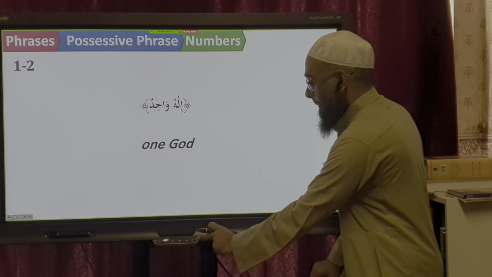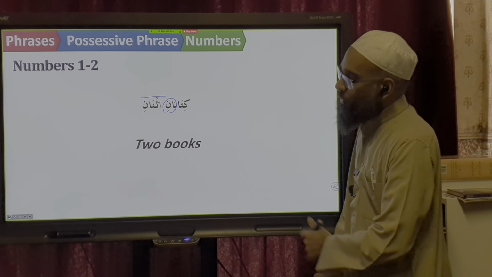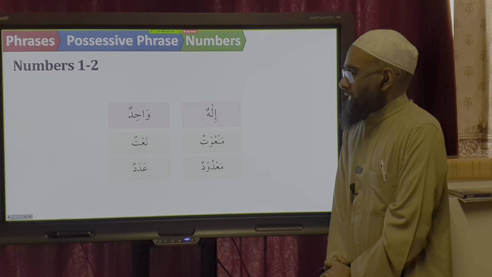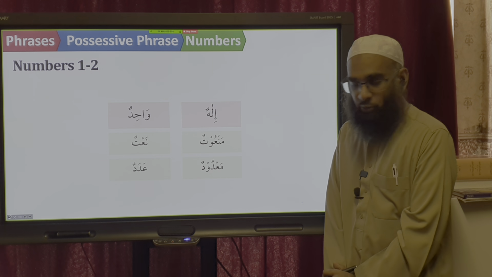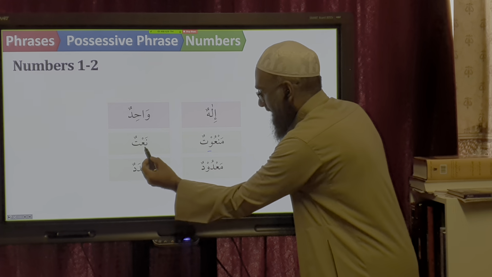So we say here, kitaban, it already means two, but you can add the word ithnani. It's very rare, but it can be used. Okay, two books.